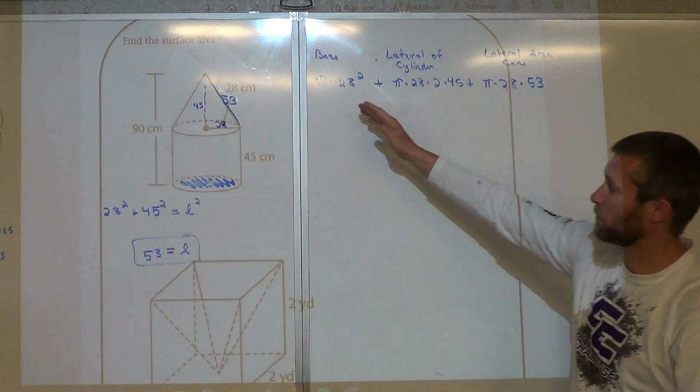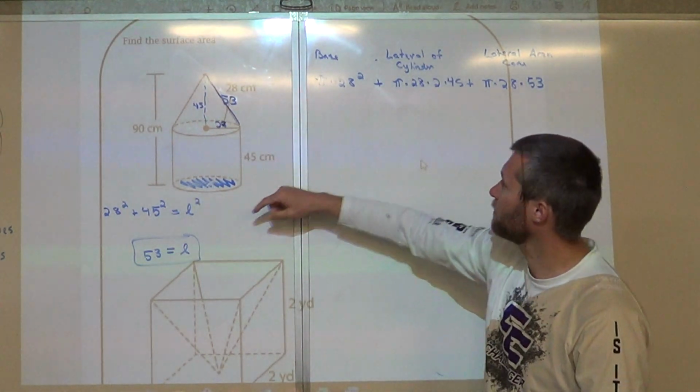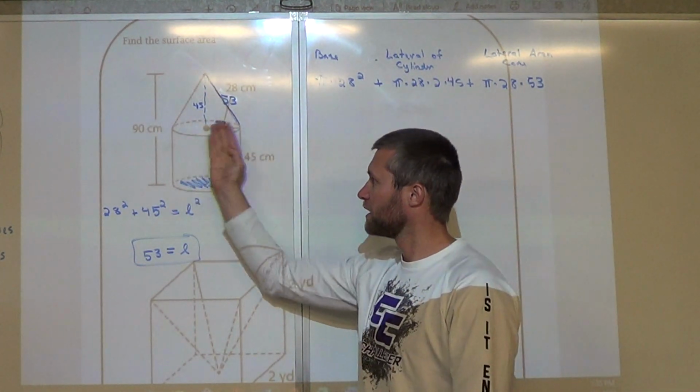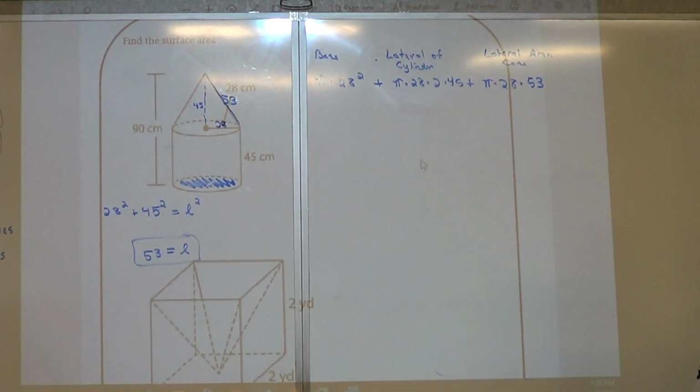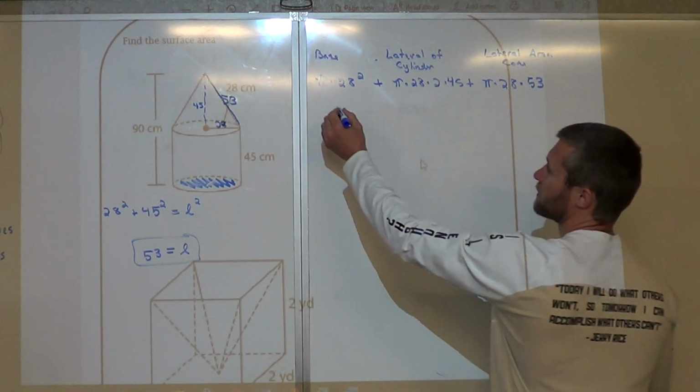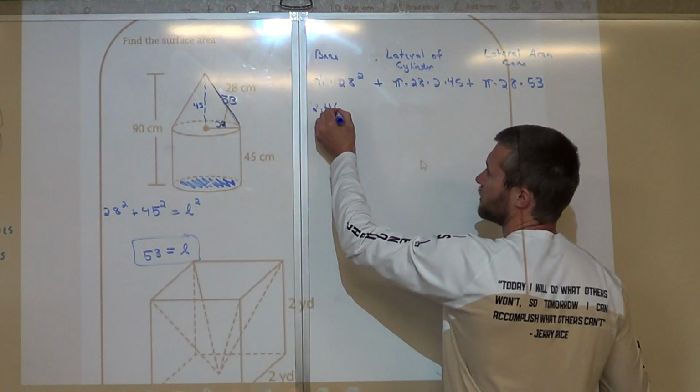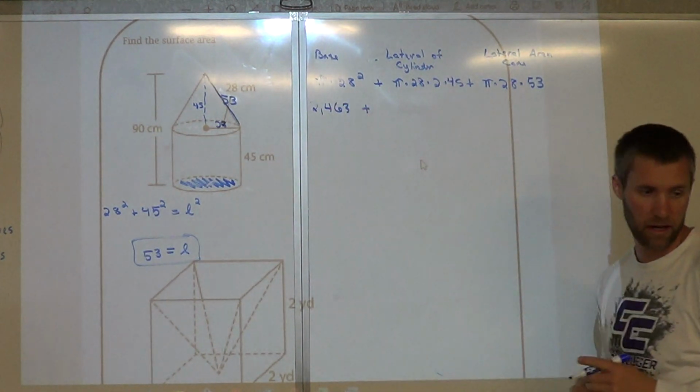Okay, so I labeled it: the base, the bottom of our shape, then the lateral area of our cylinder, and then the lateral area of our cone. In which case, this is 2,000, and again, I'm rounding here.